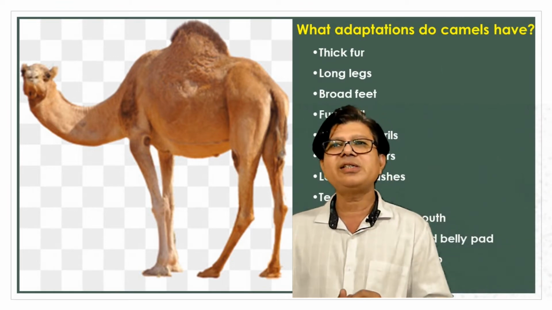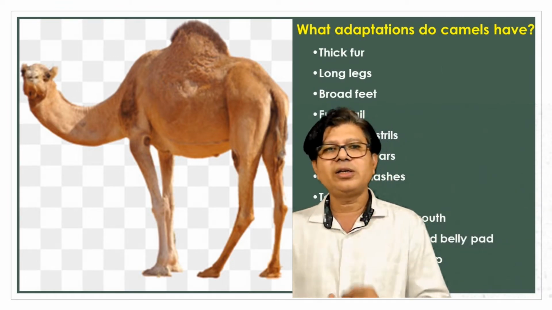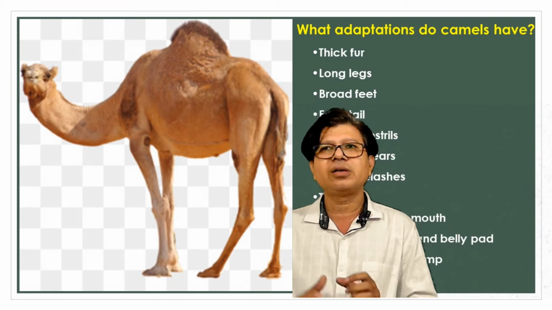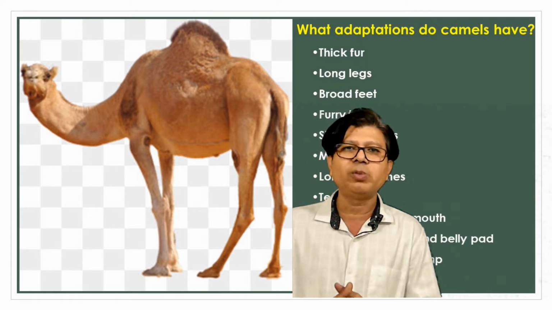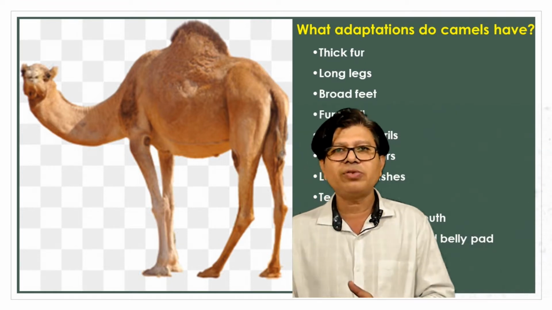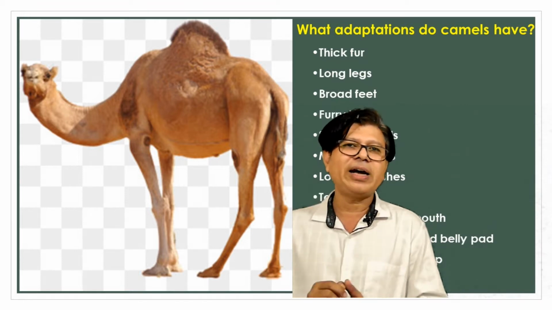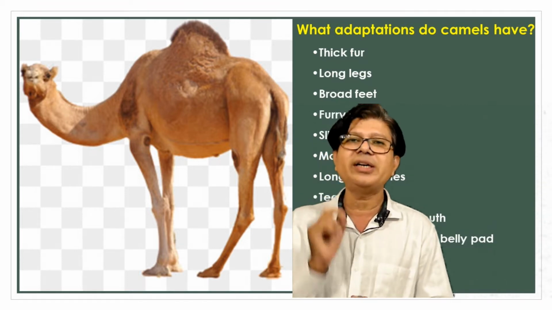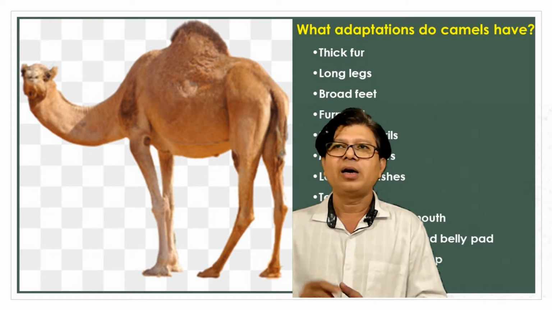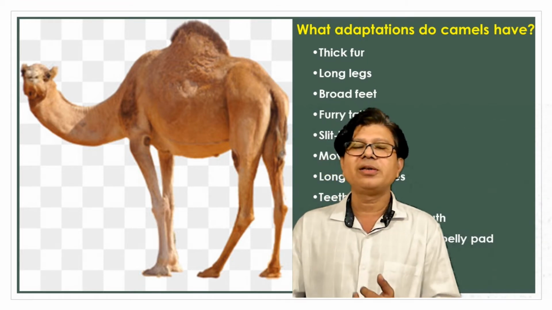But the camel survives under these conditions with dilute blood. One more thing I have to add here is that camels have nucleated RBCs, an adaptation found in camels and llamas.